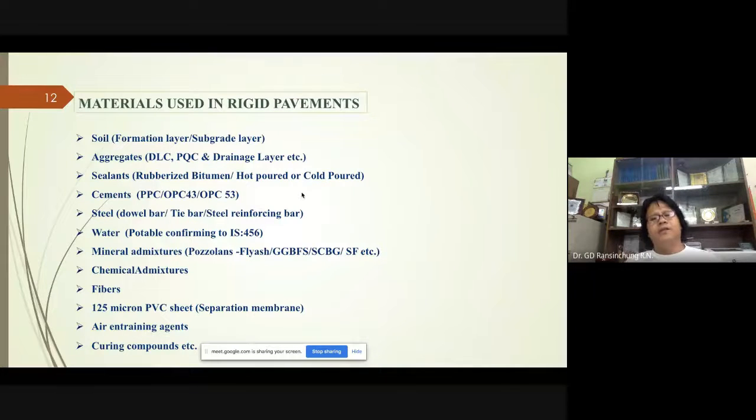Then chemical admixtures, again depending upon the requirements of the project.